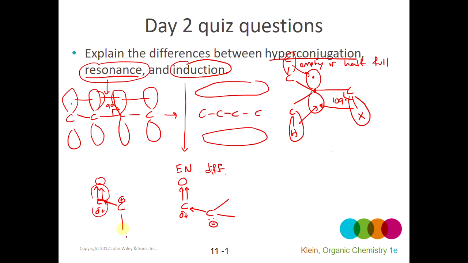If I had a carbocation that were bonded to a bunch of carbons or even a silicon, which would be even lower electronegativity, a lower electronegativity atom allows electrons to shift through induction toward a positive, so that would stabilize it. So induction can involve electrons shifting away from a group or toward a group, and depending on the charges involved, that may stabilize it or destabilize it. So you want to be aware of how electronegativity differences and the resulting partial charges can affect the stability of formal charges around the area.